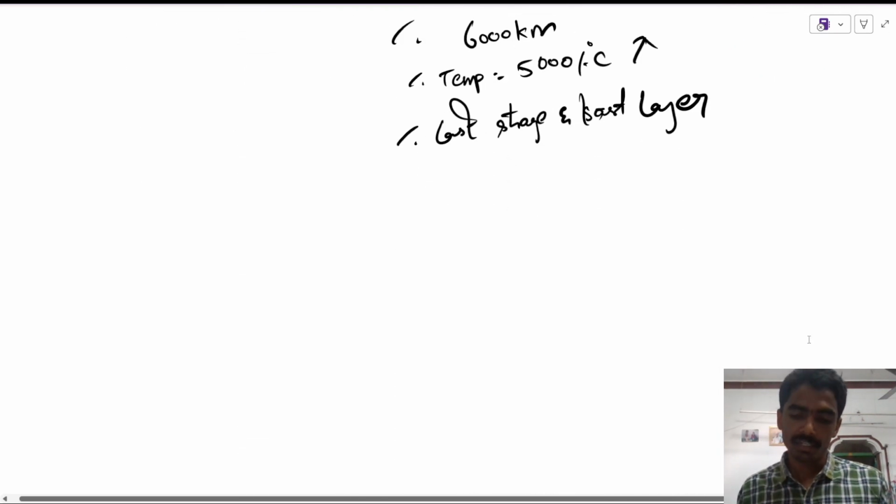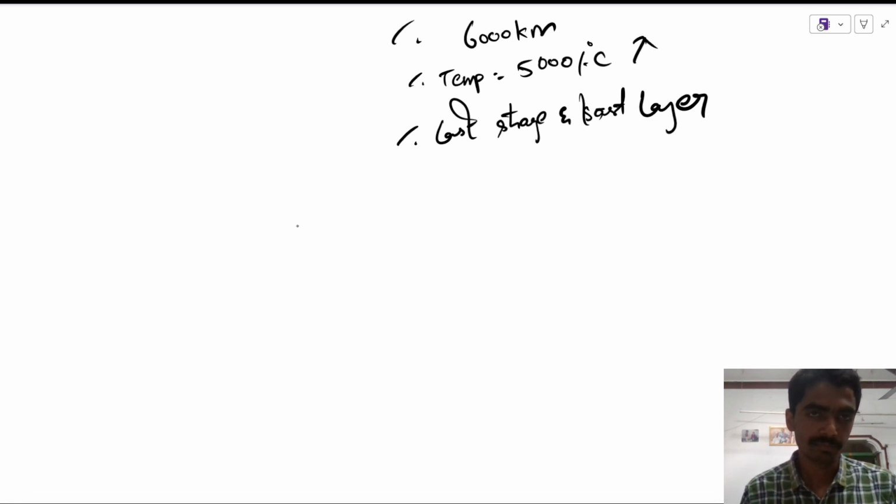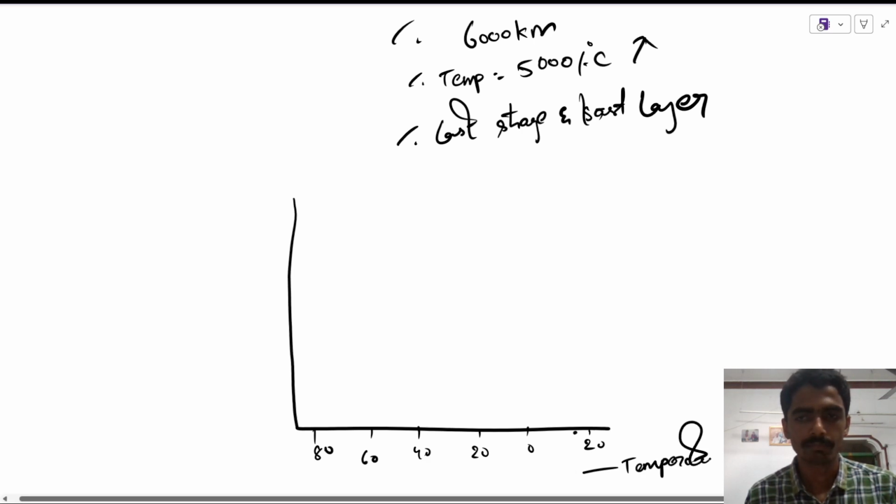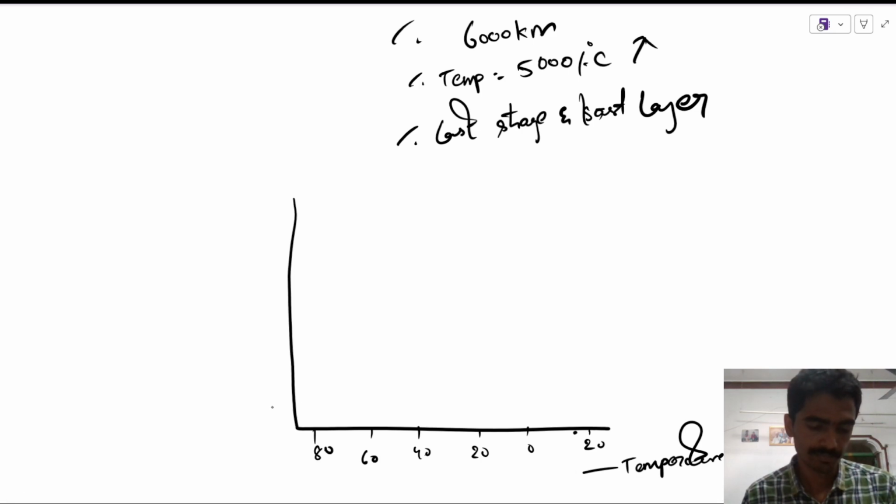While coming to the temperature, here, temperature in Celsius and altitude, sorry.